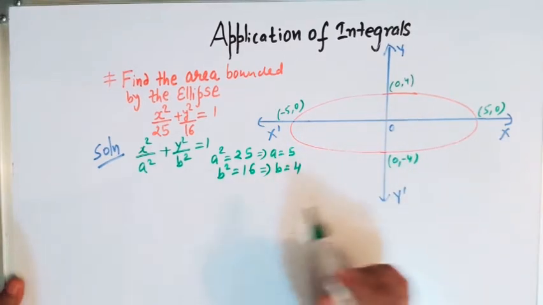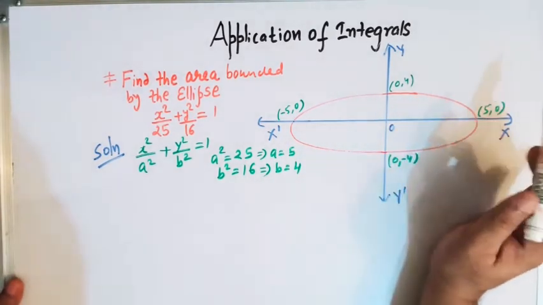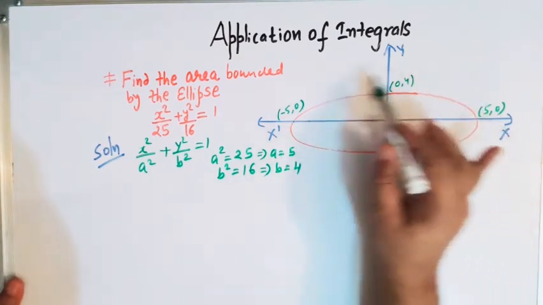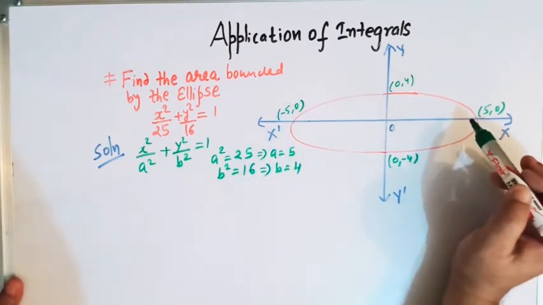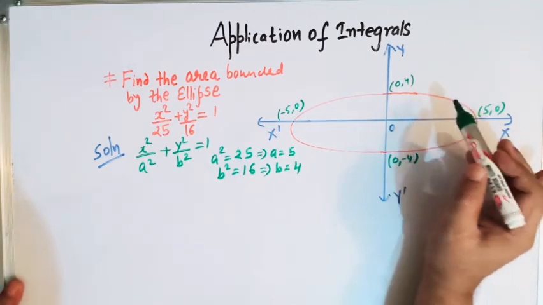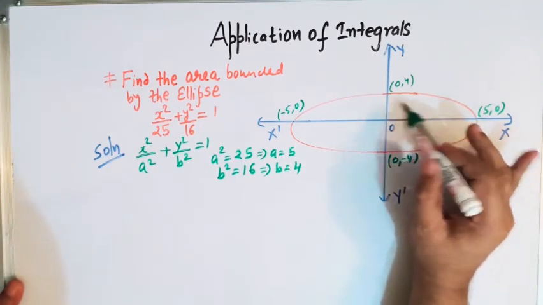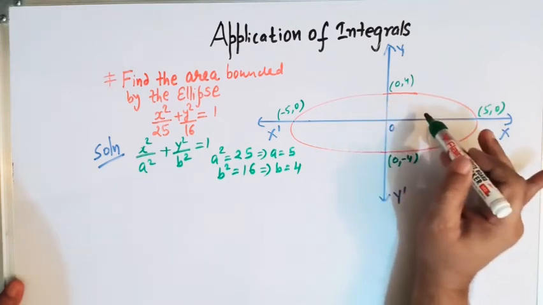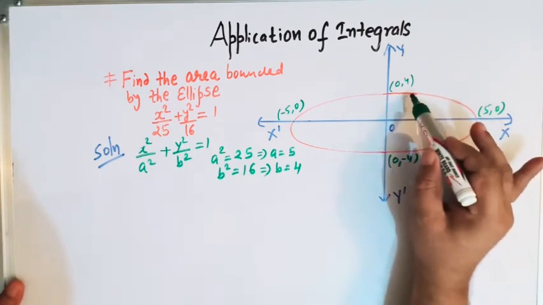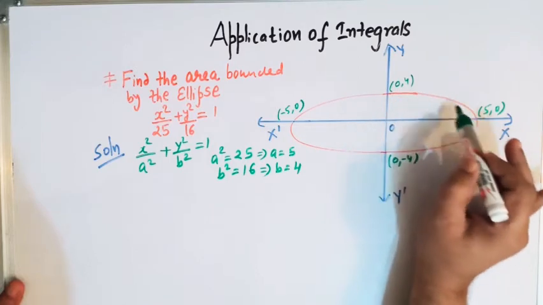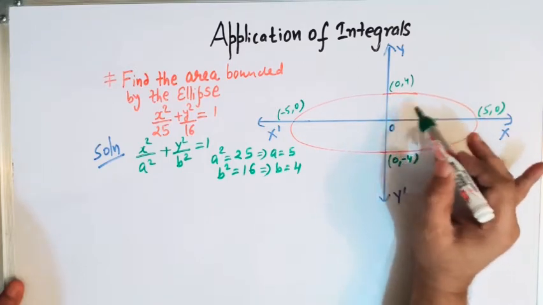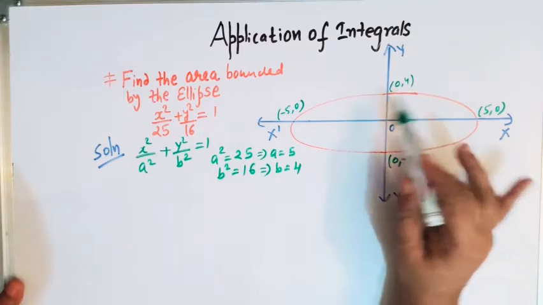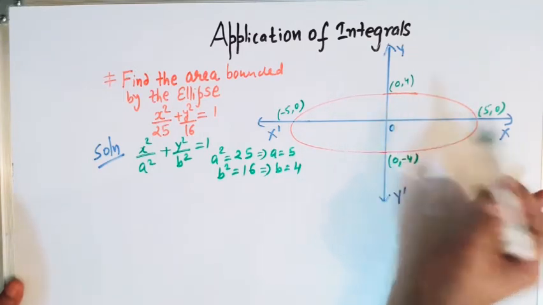So what we will do here, we see that although this figure is a rough sketch of the ellipse, these 4 quadrants are identical, and if we find the area of one quadrant, then we can multiply it by 4 and we can get the entire area bounded by this ellipse, right?